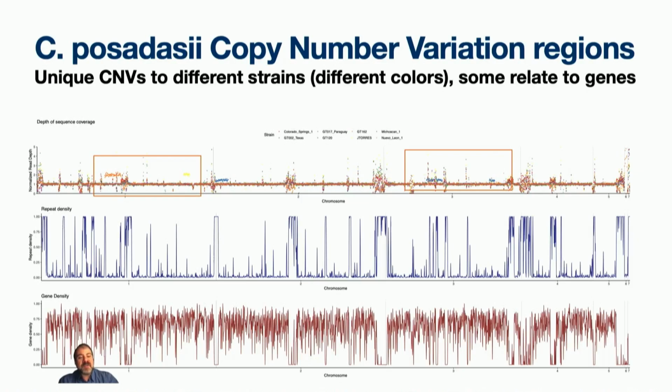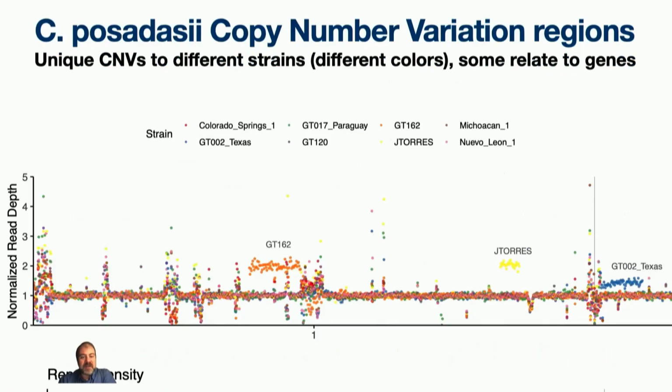You can see the colors for the strains here. In one case, there's an orange and a yellow, and that represents a place in the genome where there's extra coverage. And if we zoom in even further and just look at that chromosome 1 again, you can see that when we identify the colors to strains, we're able to tell that this particular strain, GT162, has this extra coverage in this region.